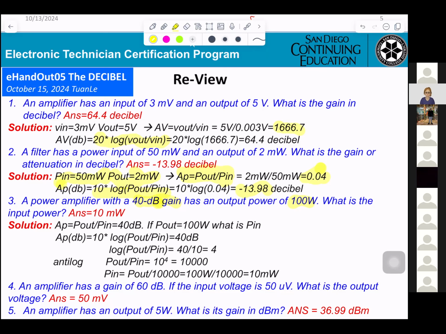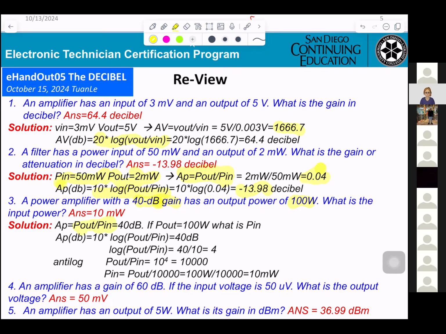A P, that means power gain, equals P out divided by P in, and that equals 40 dB. If P out is 100 watt, what is P in?